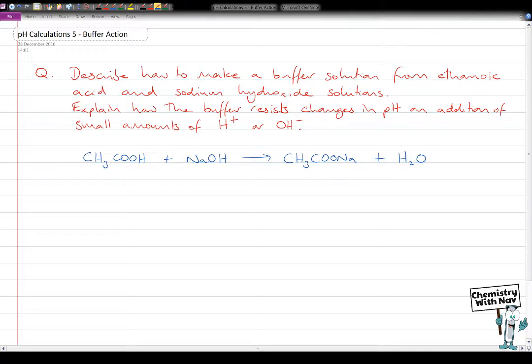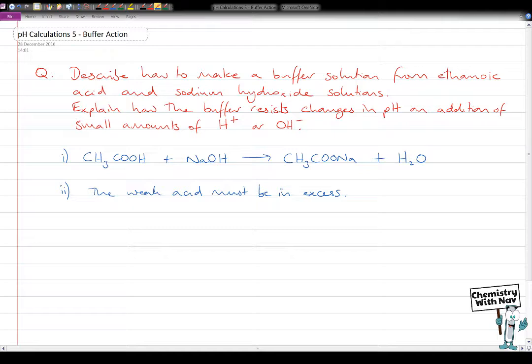that actual reaction itself. So the second part of the explanation has to be that the weak acid must be in excess. Because if we have the weak acid in excess, then we actually have some left over.